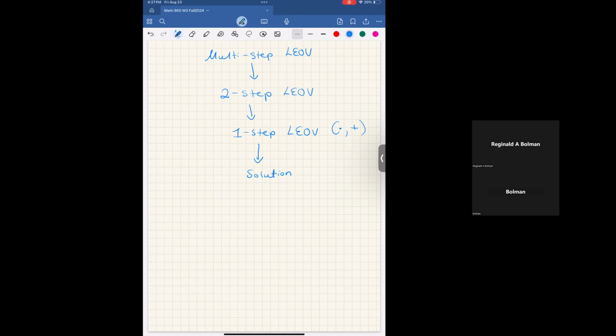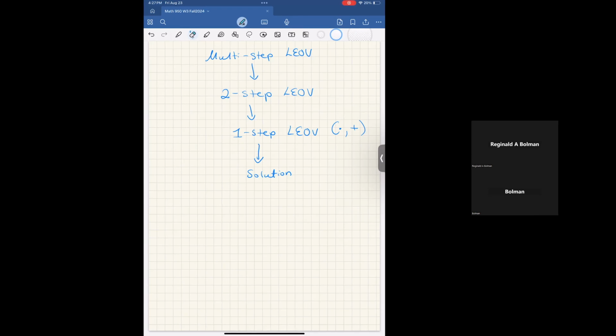In front of a 2-step LEOV, we know that the general solution will be to attack the number being added or subtracted from your x value, from your unknown number value on both sides of the equation, to then reduce the 2-step LEOV to a 1-step LEOV. Finally, you'll be left with your solution, and all is well.